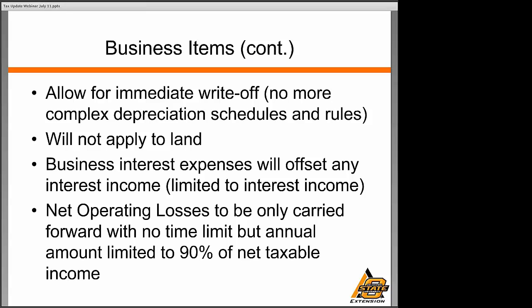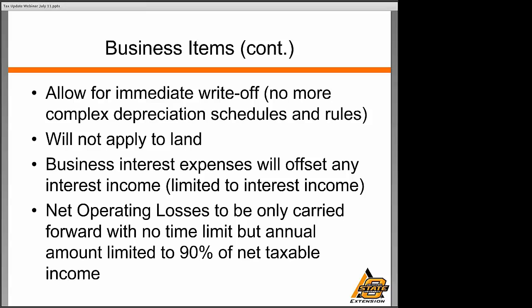Now the next fun piece is what you're looking at on the interest expenses. They're talking about doing away with net interest. So in other words, what that means is, as long as I have business interest expense, I have to have other interest income in order to deduct any of those expenses. Anything that I do not have interest income for, the interest expense goes away.